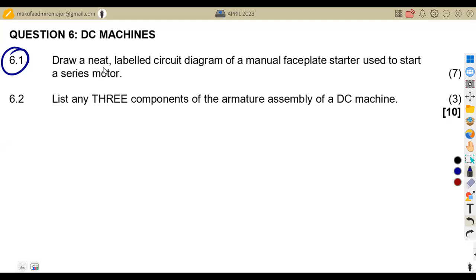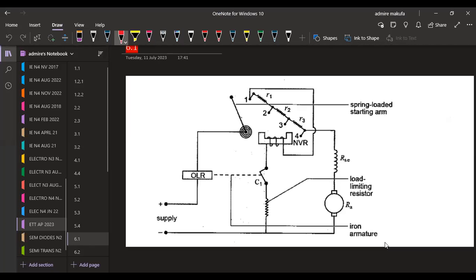We are asked to draw a neat labeled circuit diagram of a manual faceplate starter used to start a series motor. So we need a diagram in this case. I've got something here that we can consider, whereby we have our supply, a capacitor C1, the series resistor, the armature winding, then the spring loaded starting arm and so forth.